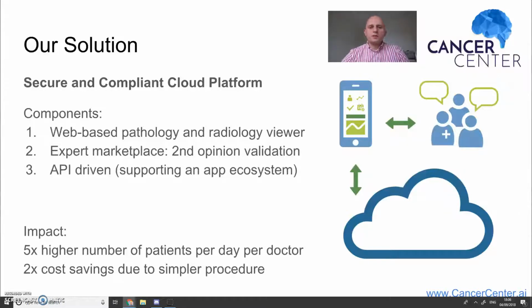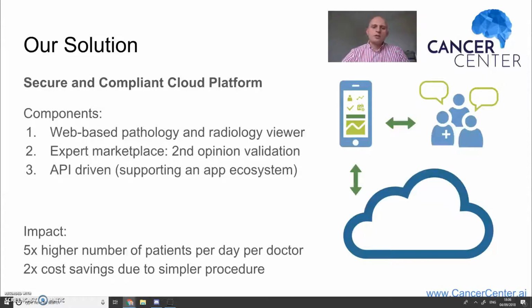Our vision is to foster an ecosystem of apps and algorithms connected by APIs, of which we aim to be the gatekeepers. Once the system is in place, the process will be 10 times more efficient than it is today. Data will be owned by the patient, available to doctors in accordance with GDPR and other medical information governance regulations.